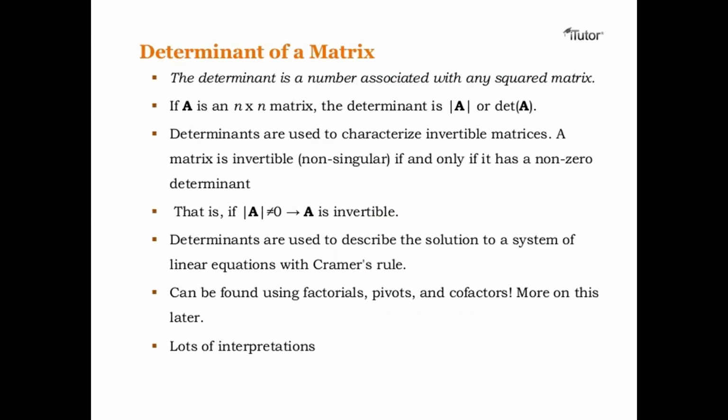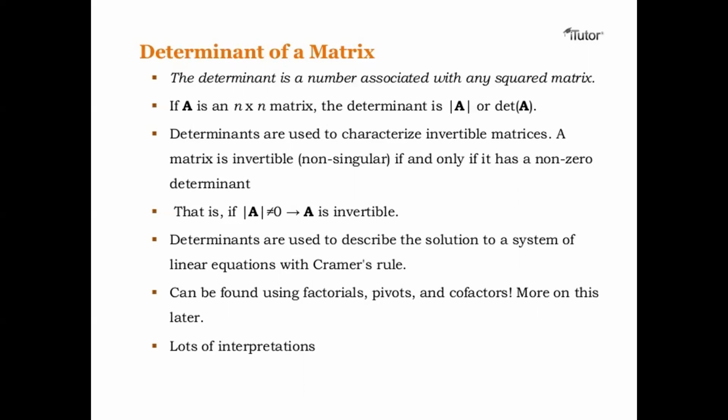Determinant of a matrix. The determinant is a number associated with any square matrix. If A is an n by n matrix, the determinant is det A. Determinants are used to characterize invertible matrices. A matrix is invertible, non-singular, if and only if it has a non-zero determinant.